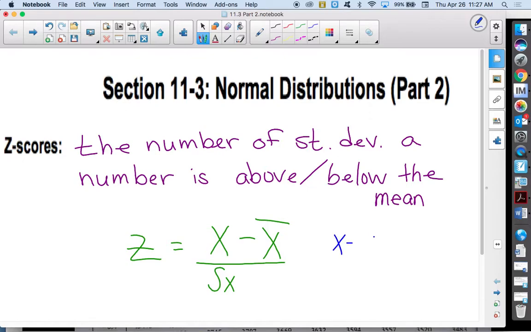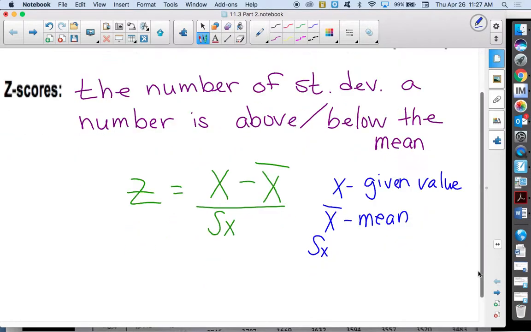So x would be the given value, the given number, x with a little bar, remember that represents the mean, and then standard deviation is that s_x.